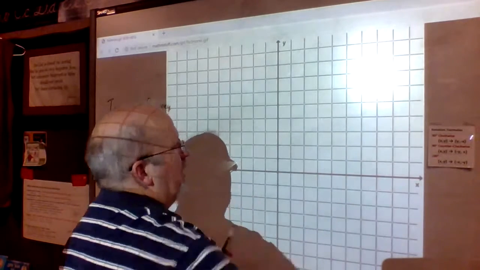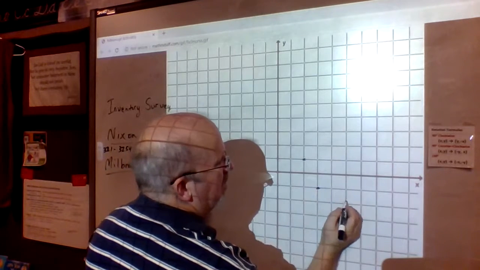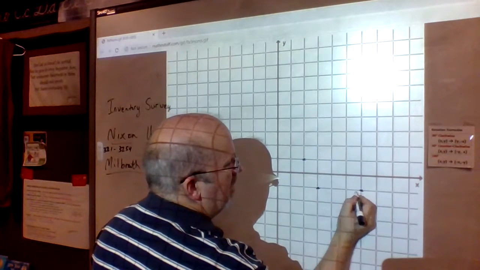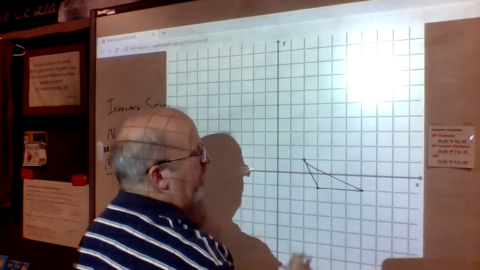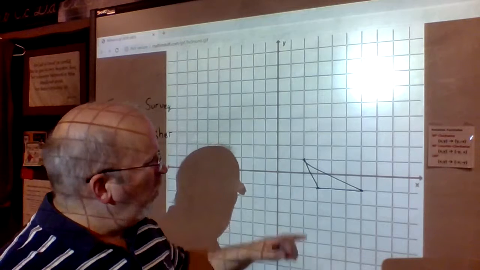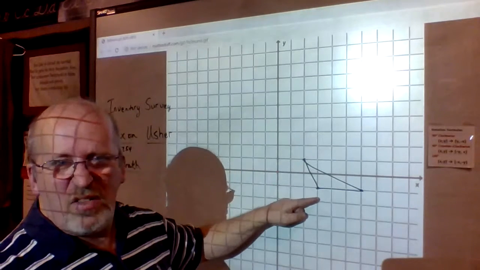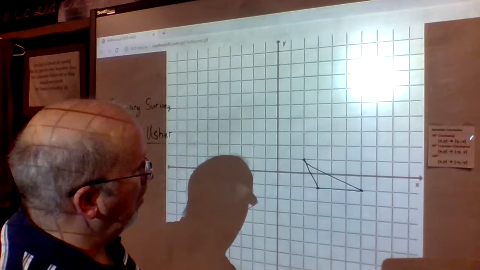But what if somebody gets tricky and puts a dot here, and say a dot here, forms a triangle, and says flip this over the x-axis? How do you do it when you've got dots on either side of the x-axis and they want you to flip it over the x-axis? No panic.